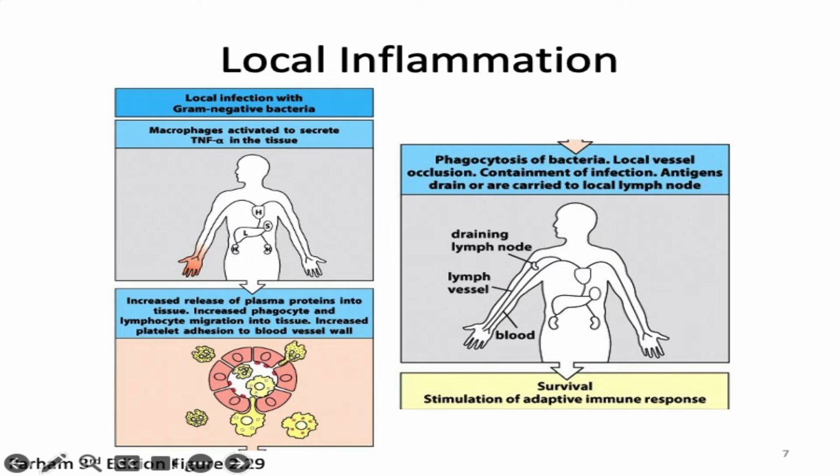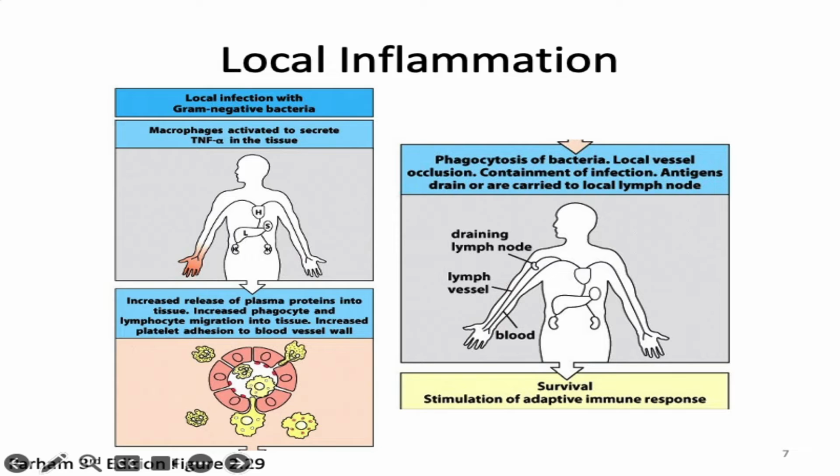And what your textbook is trying to tell us here is that we're seeing those changes in the blood vessel just there in the hand. It's not like every blood vessel in the entire body has gotten bigger, or every blood vessel in the entire body has gotten leaky. It's just the ones near that site that are getting the cytokines from that macrophage.